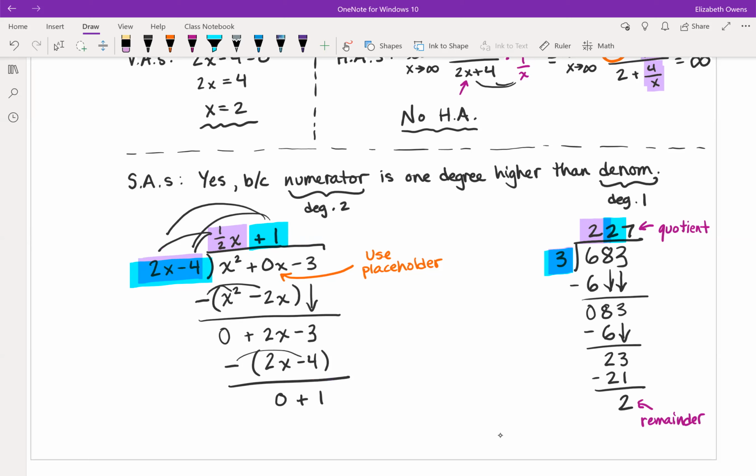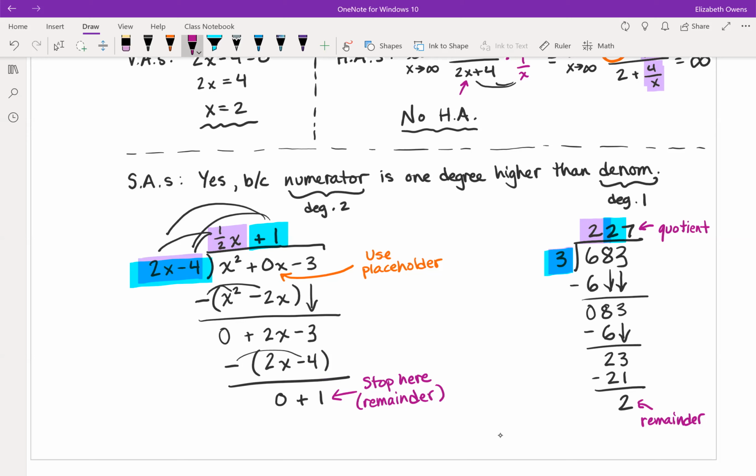You get to stop this polynomial long division process when the remainder down here is of a lower degree than the divisor. So stop here. This is your remainder. When the power of this remaining portion down here is lower than the power of the polynomial that you're dividing by, that's when you stop.